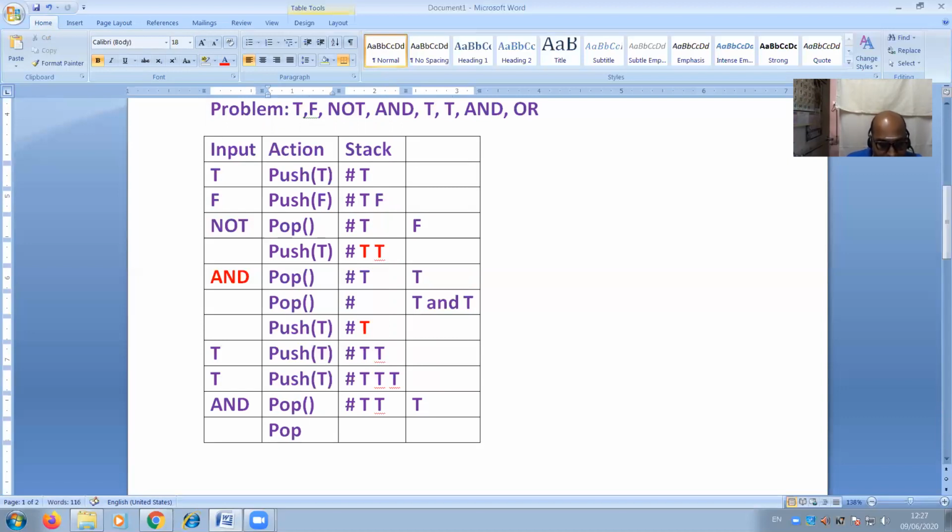Then the next top value, which is also true, is taken off and it is being evaluated. So as we have seen in the earlier case also, true and true gives me the result as true. I am pushing the same.